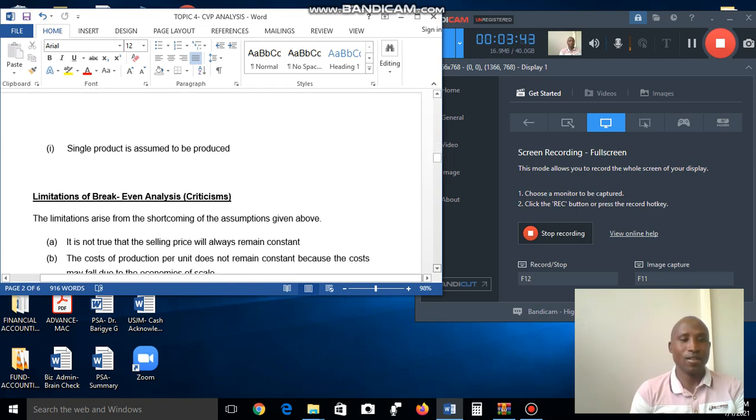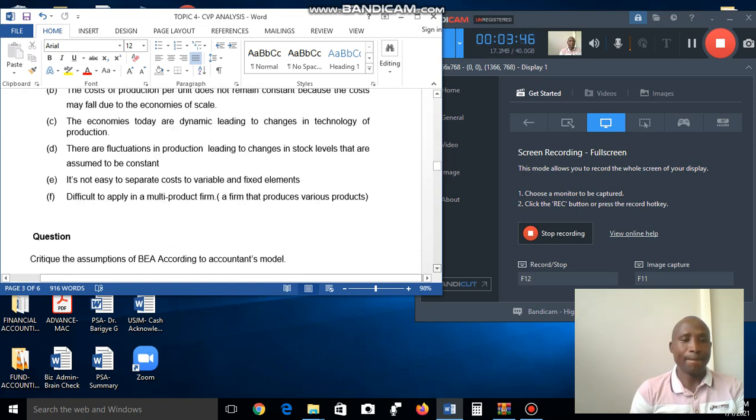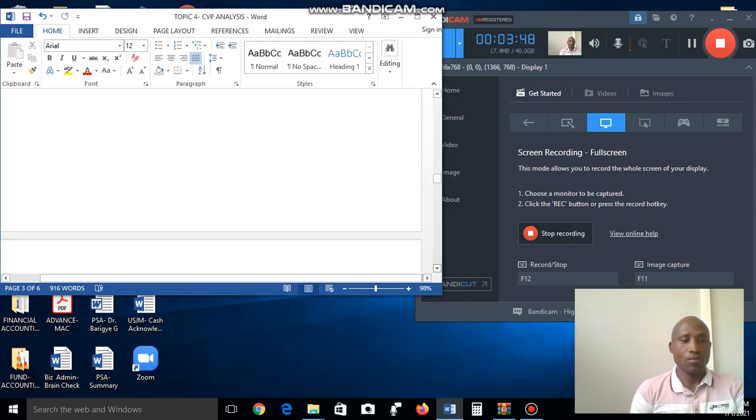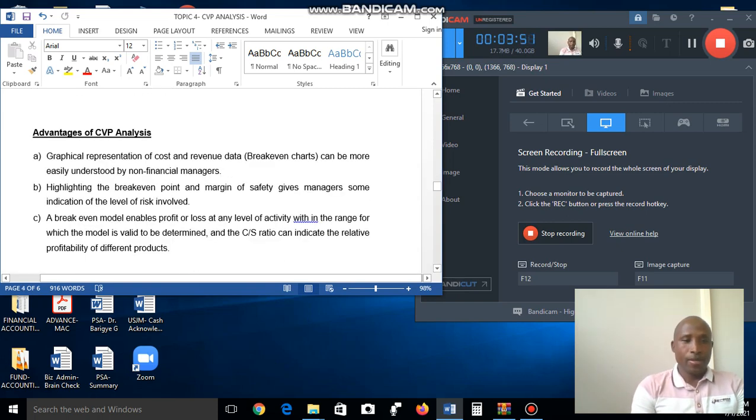Let us move down. A break-even model enables profit or losses at any level of activity within the range for which the model is valid to be determined.